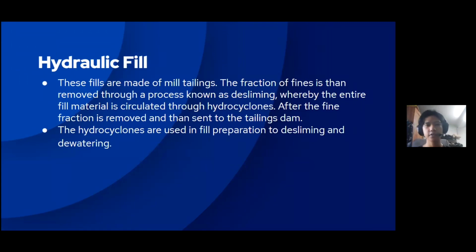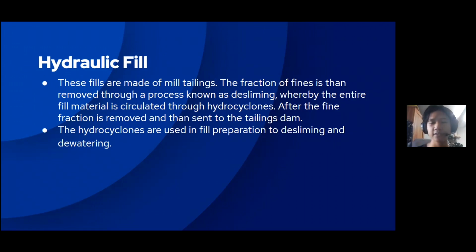These fills are made of the mill tailings itself, and then the fraction of fines is removed through a process known as desliming, whereby the entire fill material is circulated through hydrocyclones. So the hydrocyclones are used in this hydraulic fill for desliming and dewatering.